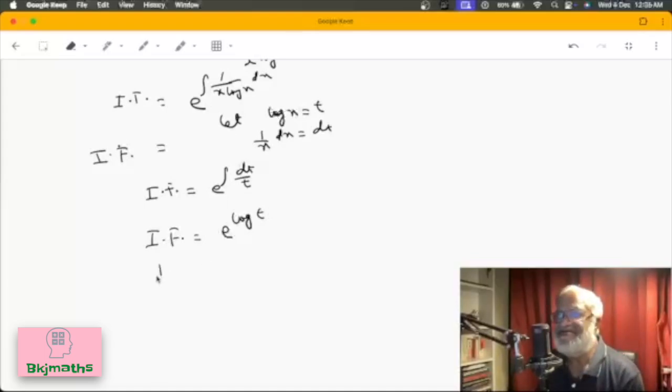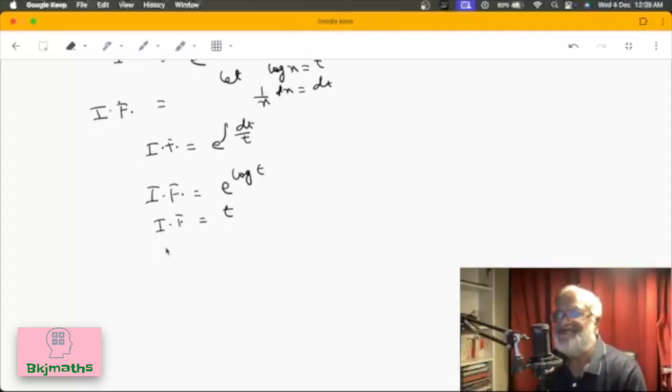So integration factor is, e and log cancel, t. Now put the value of t, t is log x, so integration factor is log x. Now the third step, find the solution.